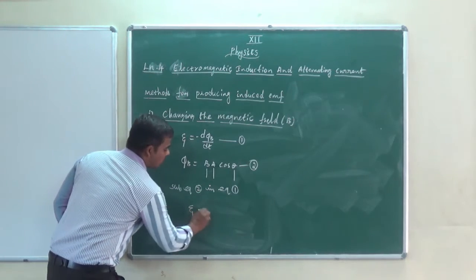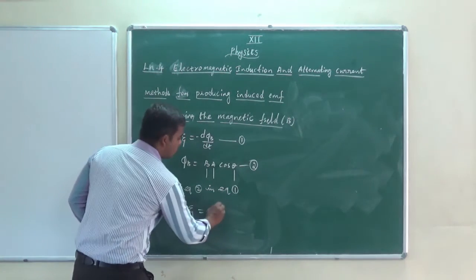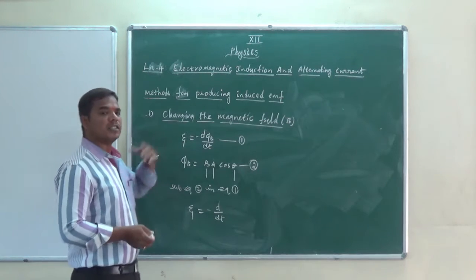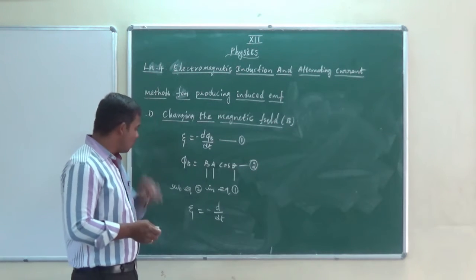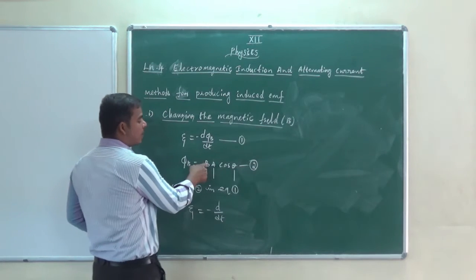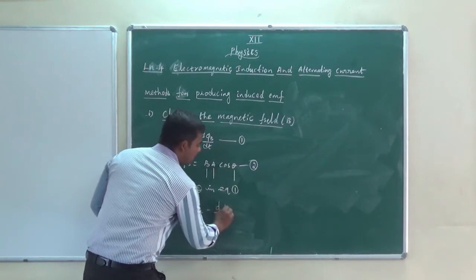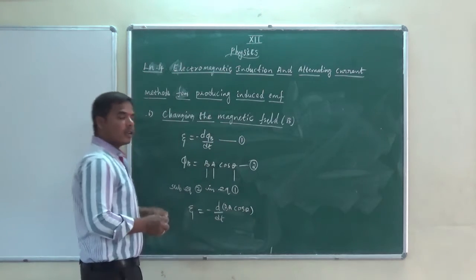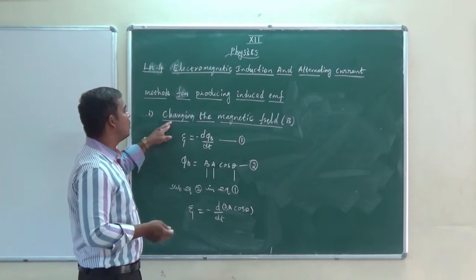So what do we get? The induced EMF equals minus d by dt. Here the negative sign indicates the direction of current. So minus d by dt, and for the rest of the term phi B, what do we substitute? B A cos theta, isn't it? Here see our topic. What is the topic?